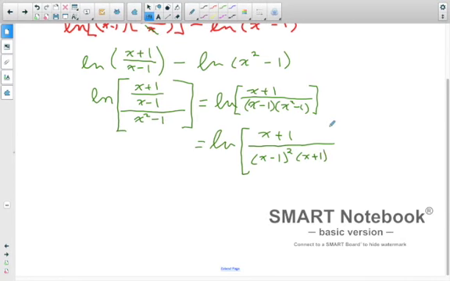And we see that this and this cancel each other out. So that leaves us with the natural log of 1 divided by x minus 1 squared.